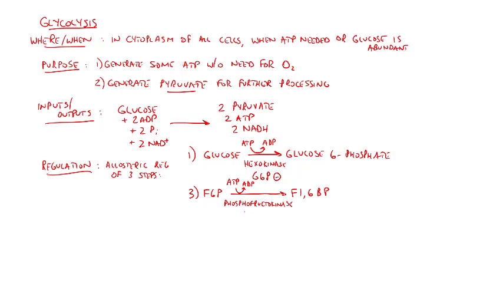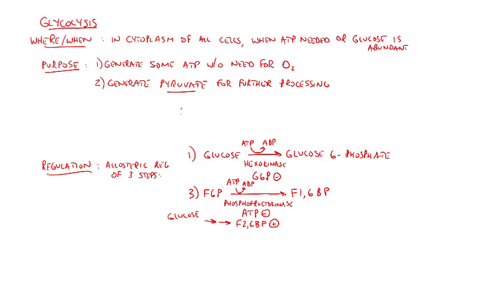And we said that phosphofructokinase is inhibited by ATP and activated by a molecule called fructose 2,6-bisphosphate. Fructose 2,6-bisphosphate is not the same thing as fructose 1,6-bisphosphate. It's made separately from glucose, and its entire function is just to allosterically activate phosphofructokinase.